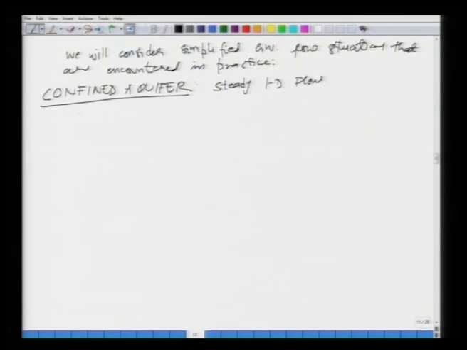This kind of situation occurs when the confined aquifer is sandwiched between two water bodies.